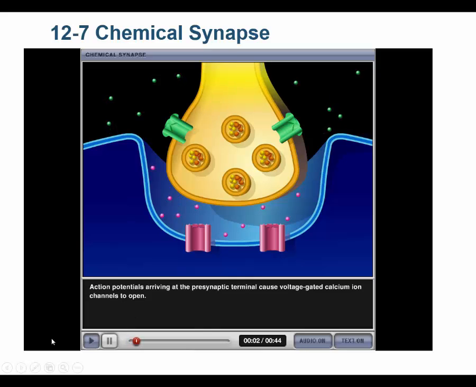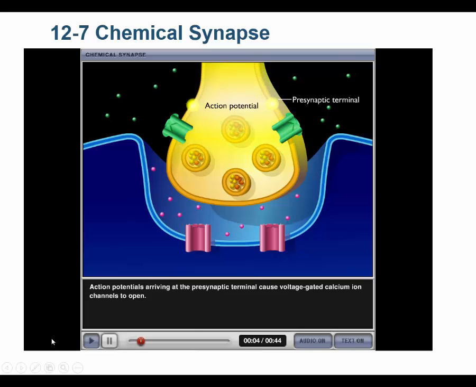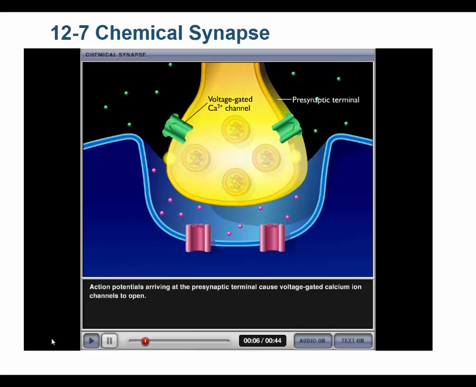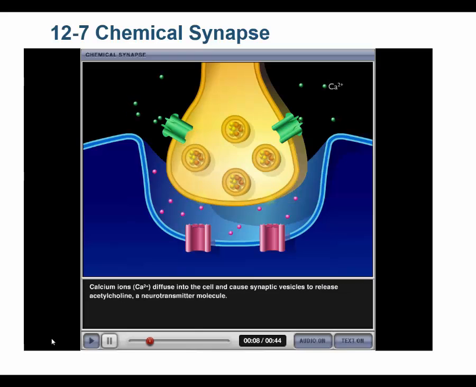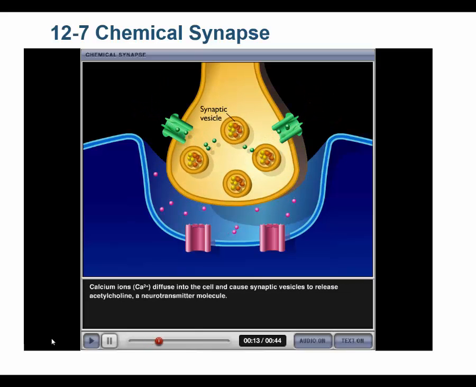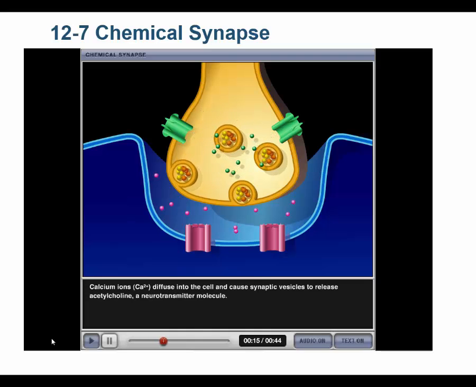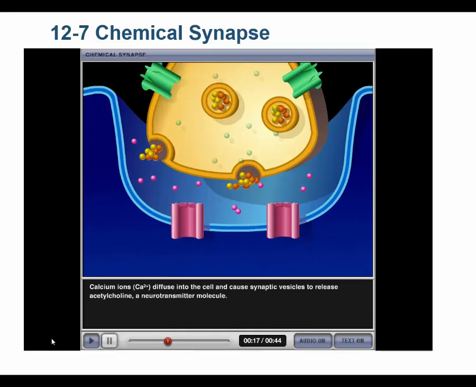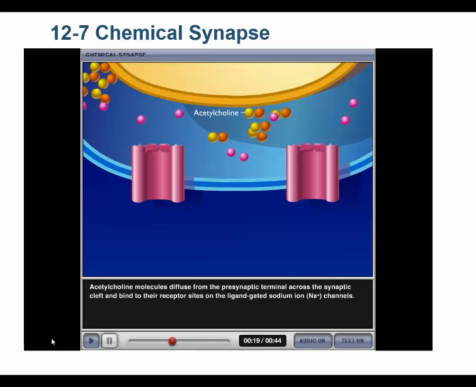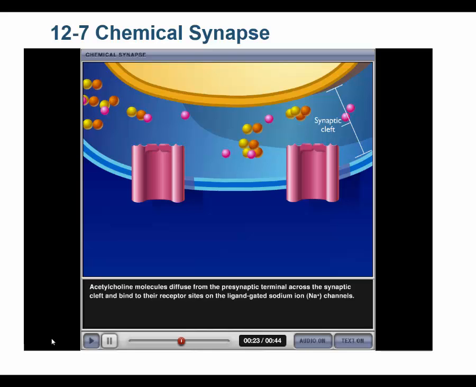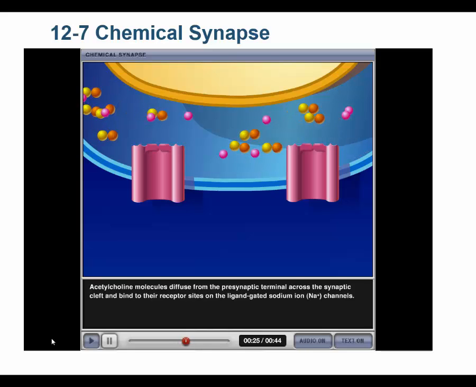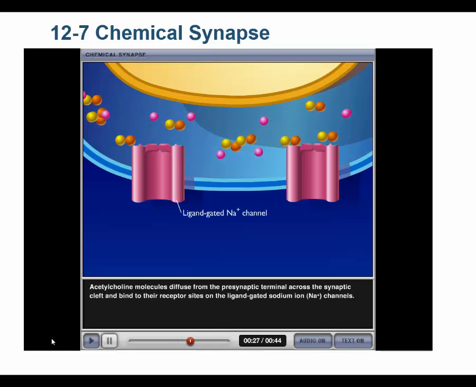Action potentials arriving at the presynaptic terminal cause voltage-gated calcium ion channels to open. Calcium ions diffuse into the cell and cause synaptic vesicles to release acetylcholine, a neurotransmitter molecule. Acetylcholine molecules diffuse from the presynaptic terminal across the synaptic cleft and bind to their receptor sites on the ligand-gated sodium ion channels.